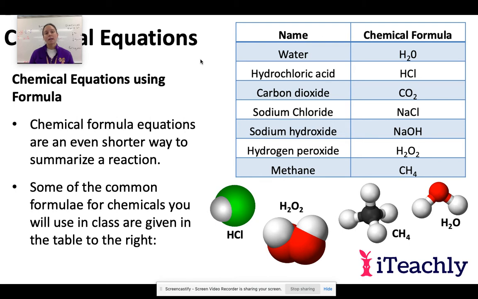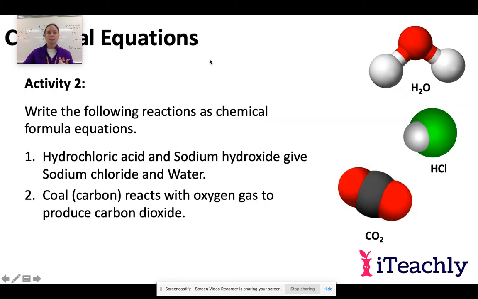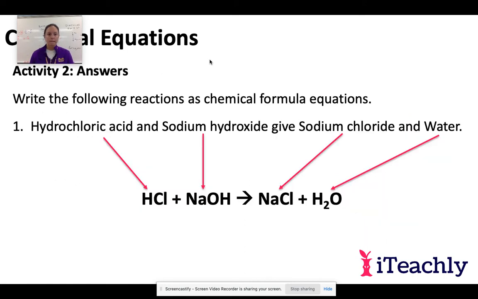So let's go ahead and look at that with the chemical reactions. Here are the 2 reactions. Hydrochloric acid and sodium hydroxide gives or produces sodium chloride and water. And then coal, which is carbon, reacts with oxygen gas to produce carbon dioxide. So what would those 2 reactions look like in shorthand?